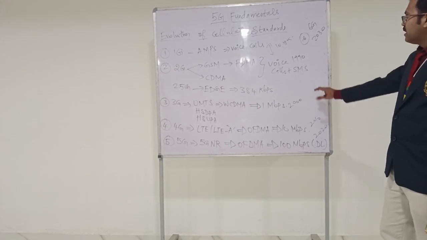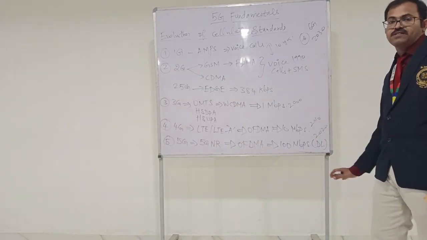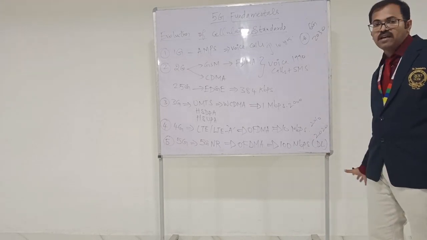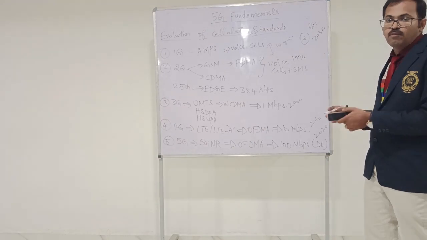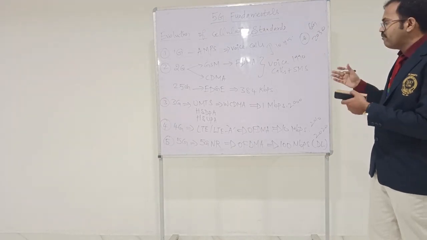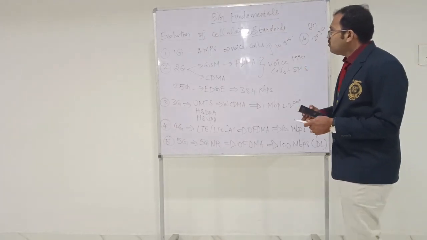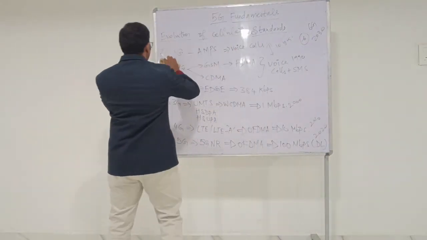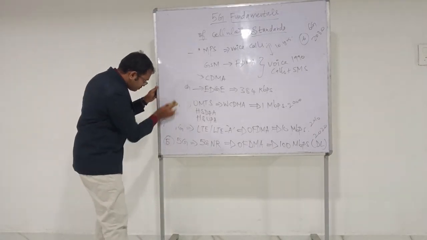Clear? So you can see a 10 year gap between each mobile generation. This 10 year gap is given as breathing space for the mobile service providers to make a profit out of the investment they have made. So now let us study the nuances of 5G.